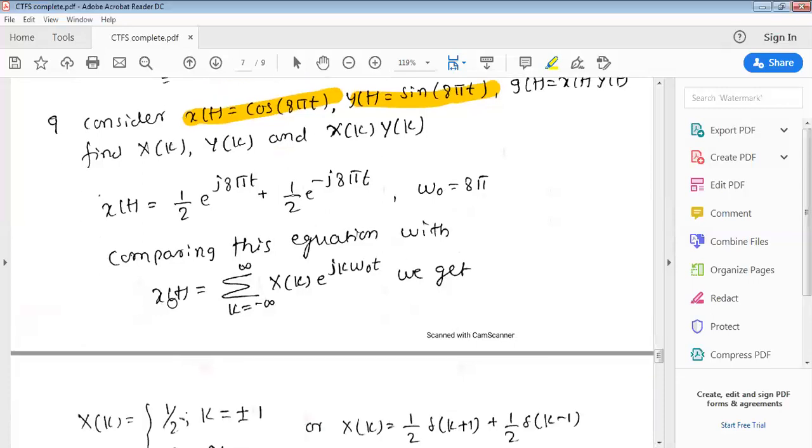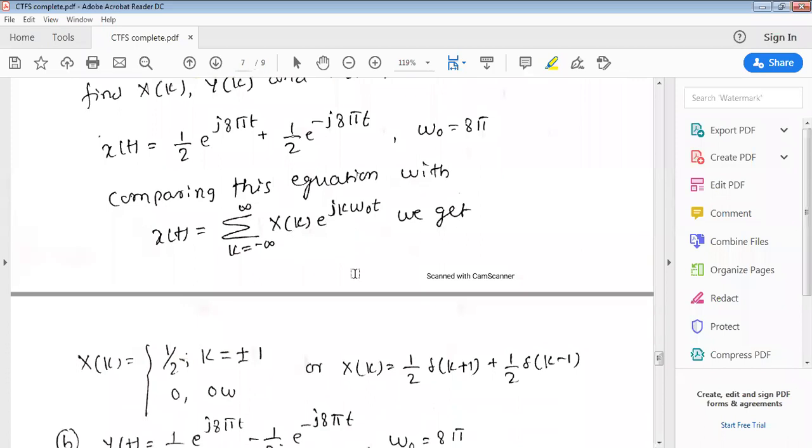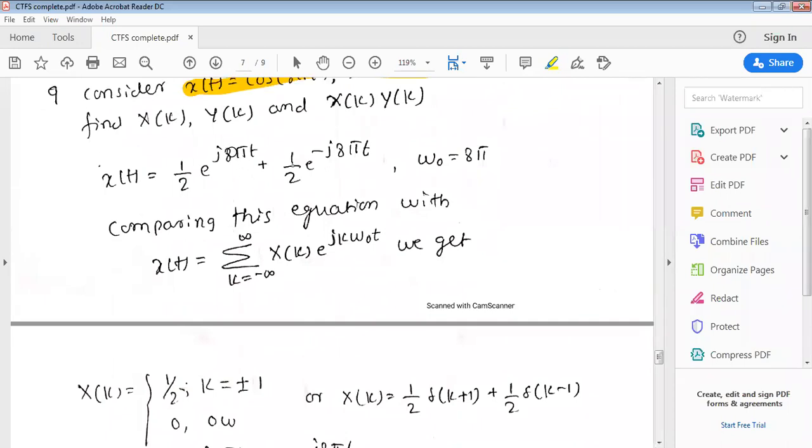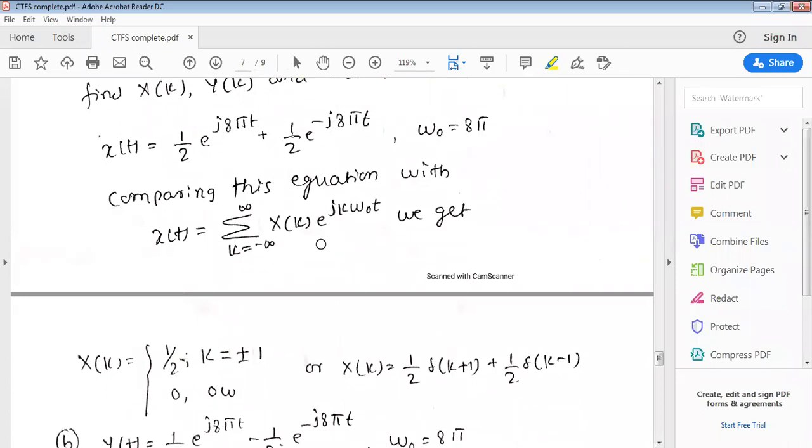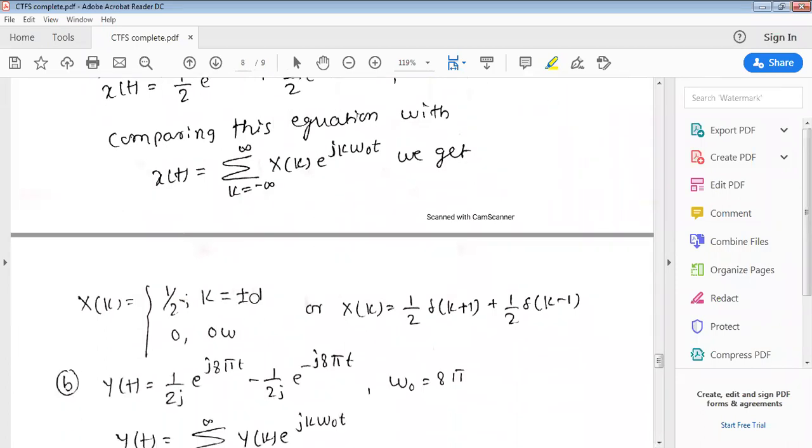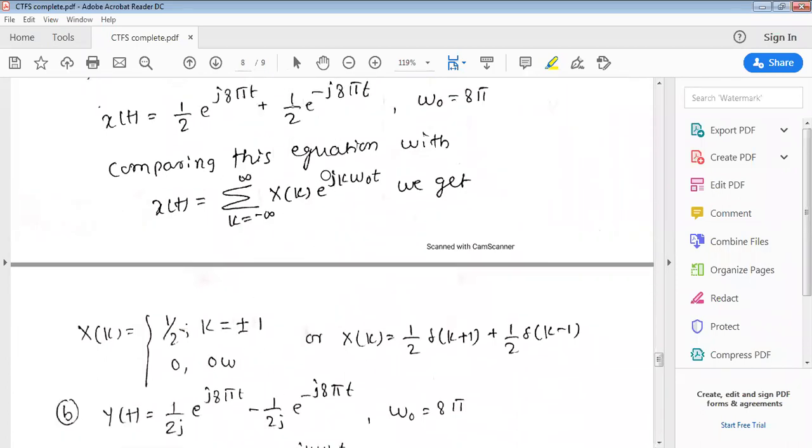So how do you write x of t? X of t is written as the synthesis equation, summation x of k into e power jk omega naught t. Omega naught is 8 pi. So if I write in this equation, it is just omega naught t. So this is k equal to plus 1. What is the value? X of k is 1 by 2 into e power j 8 pi into t.